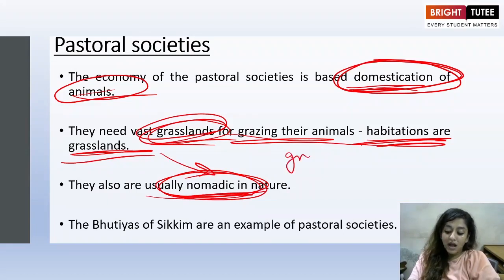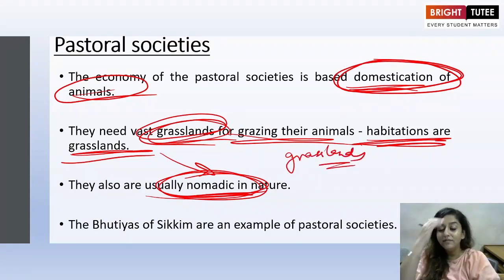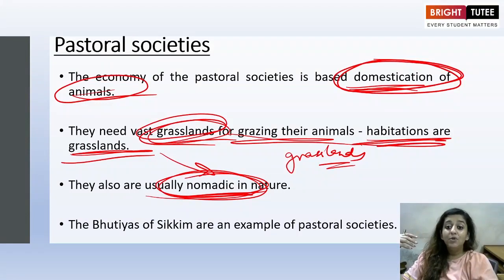Because the grasslands also have a season for being green or being dry. So when the grassland in one particular area becomes dry, these people have to move to another grassland, which is greener and can provide fodder for their animals. That is what makes them nomadic in nature.